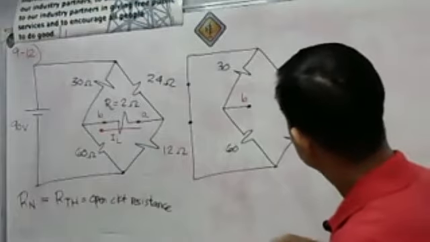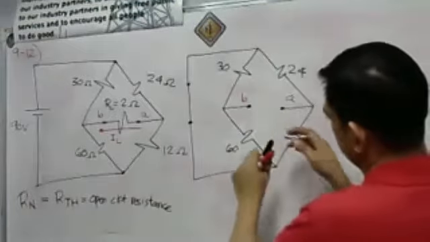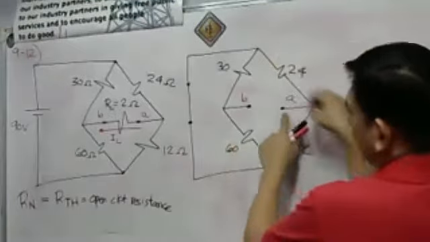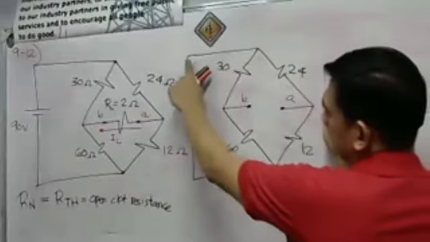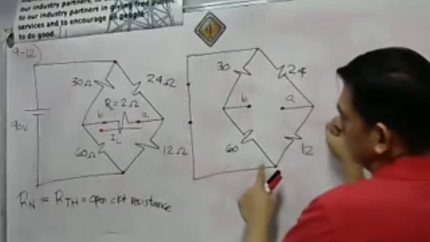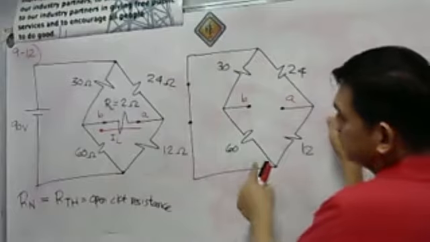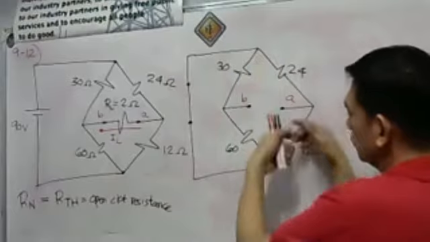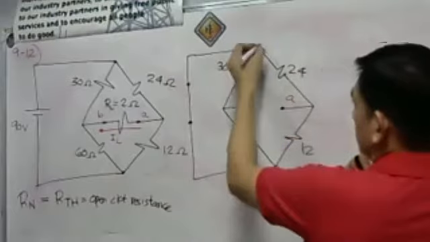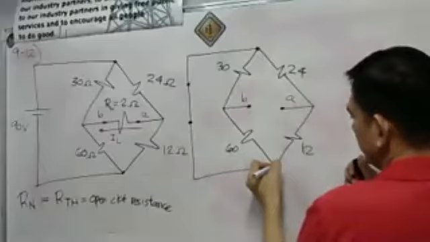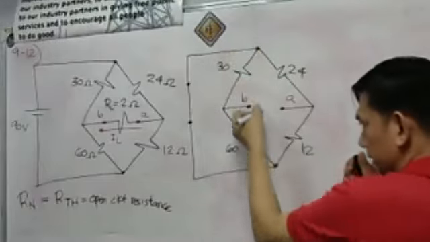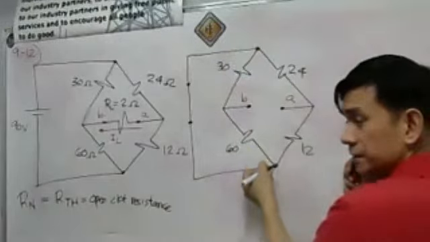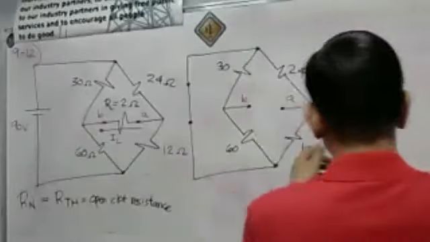What we're going to do here is to stretch this point A and point B, and then what will happen is this is just a short-circuiting conductor. It's just like saying short-circuiting these two terminals. So let us do it now.